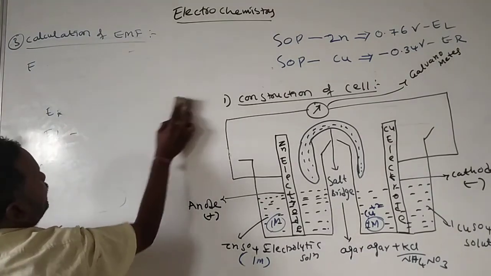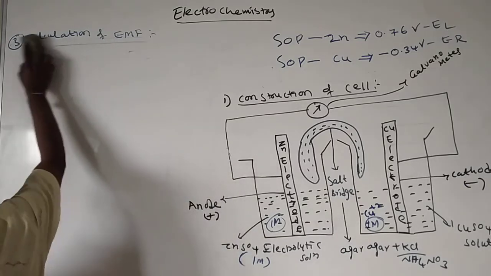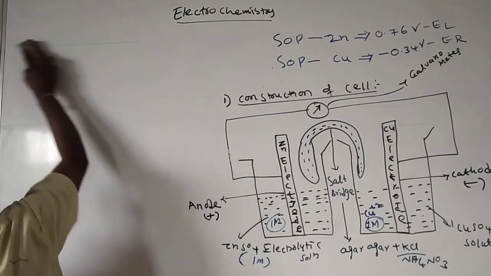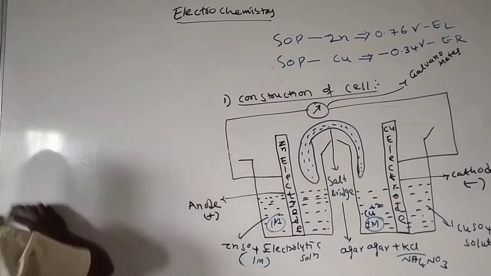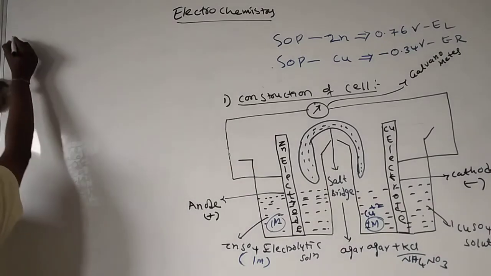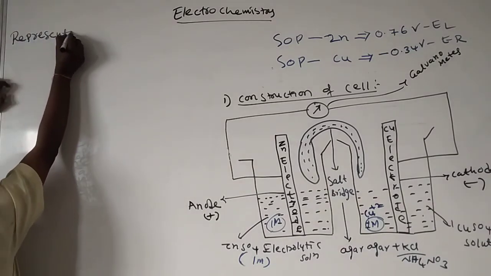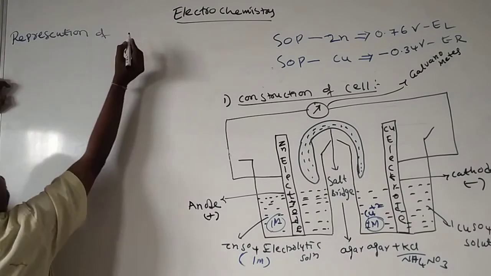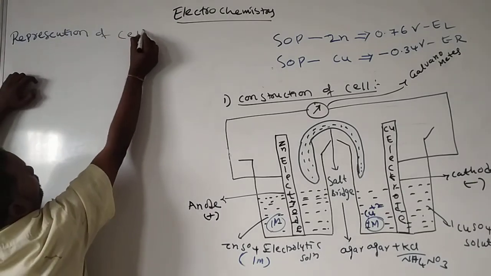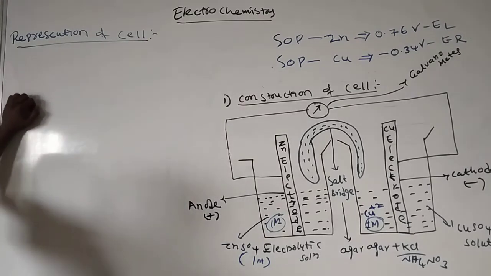How we represent the electrode? This is also one of the important ones. Here some rules are there. We'll see the representation of cell.